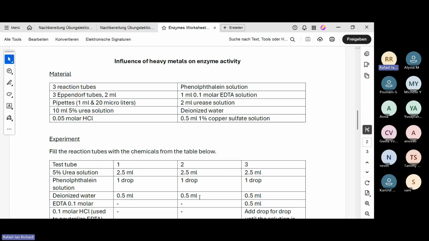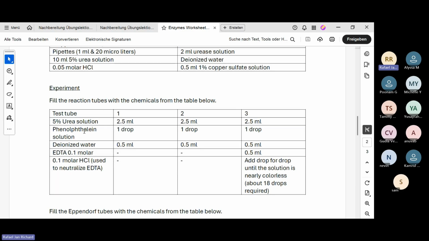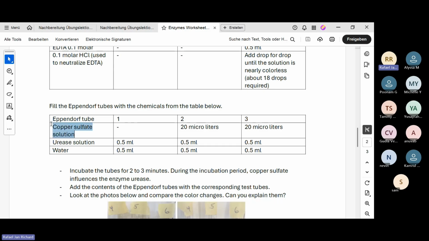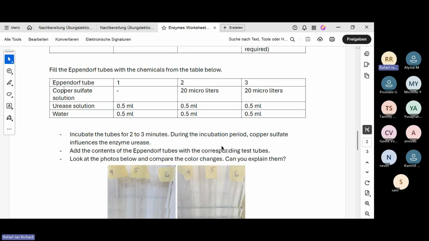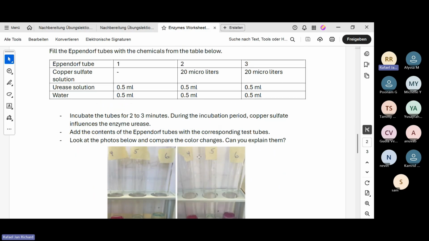And the second activity is on the influence of heavy metals on enzyme activity. Heavy metals act like toxins for enzymes, and the enzyme doesn't work anymore after it. And you can see what happens if you add copper sulfate, the toxin, how it will affect the reaction.